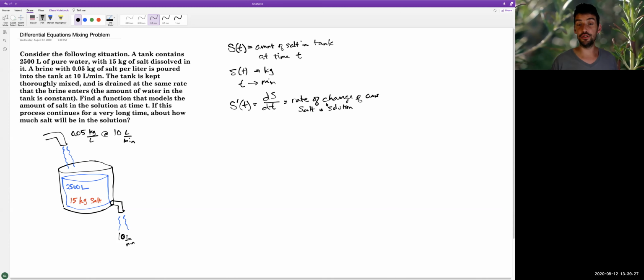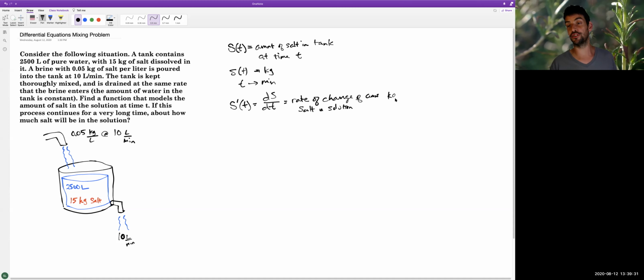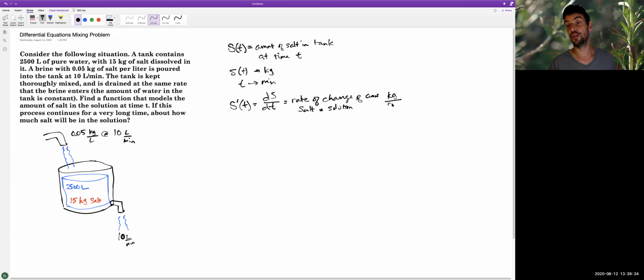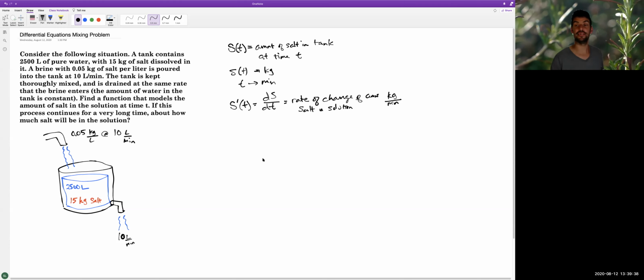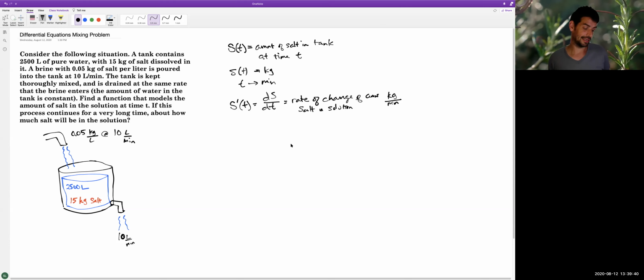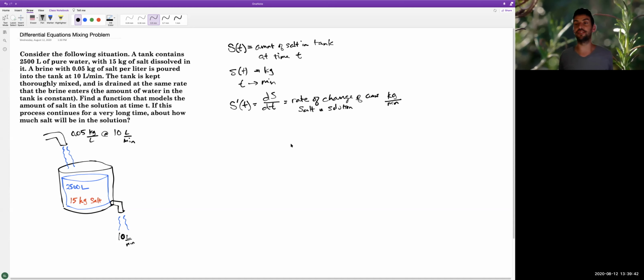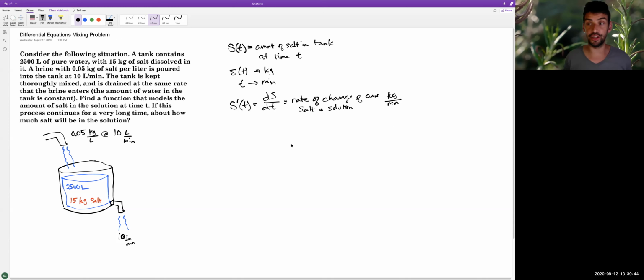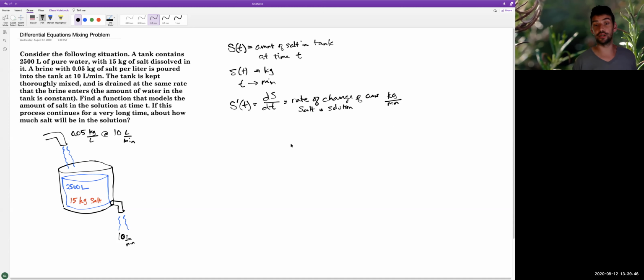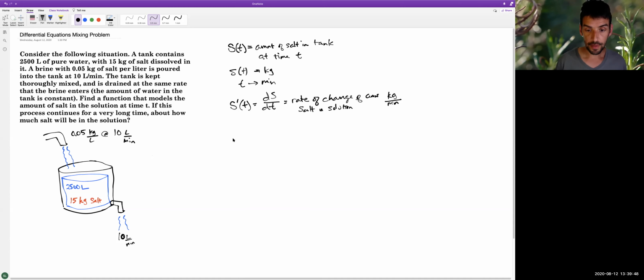And it's going to have units, just looking at dS/dt, right? It's how much the kilograms of salt change per minute. Knowing the units, I think, often gives us a little bit of a hint of how we might proceed, and it certainly tells us if we're doing something wrong, if our units don't work out correctly.